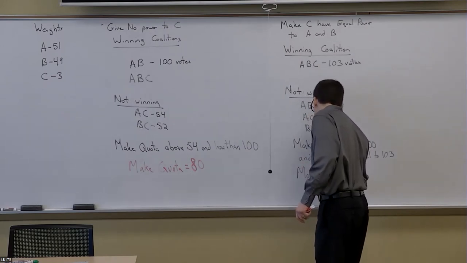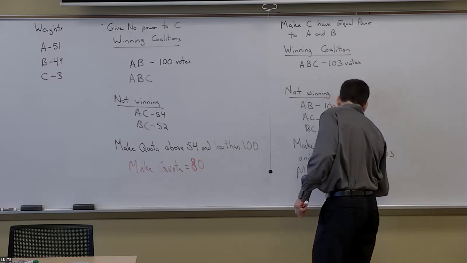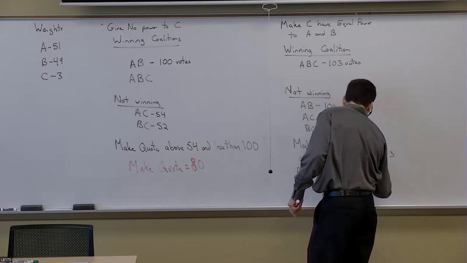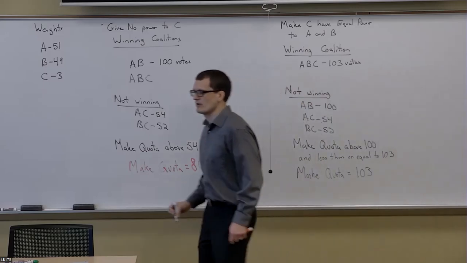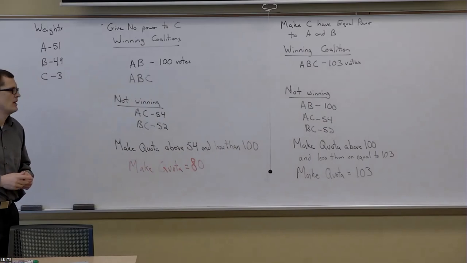So we can make our quota like 102 if you want, or 101 if you want, or 103 if you want. That's your options. That make sense?